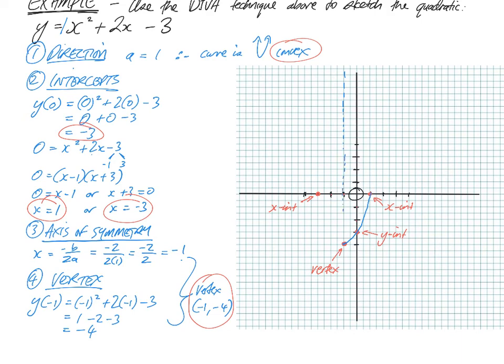I'll put the numbers on the axes later so it's a bit easier to see. So just make sure it's symmetrical about that axis of symmetry. So there we go. And then just continue the curve up. We don't have any other points, so just continue the curve up nicely there, and try to keep it symmetrical. Alright.